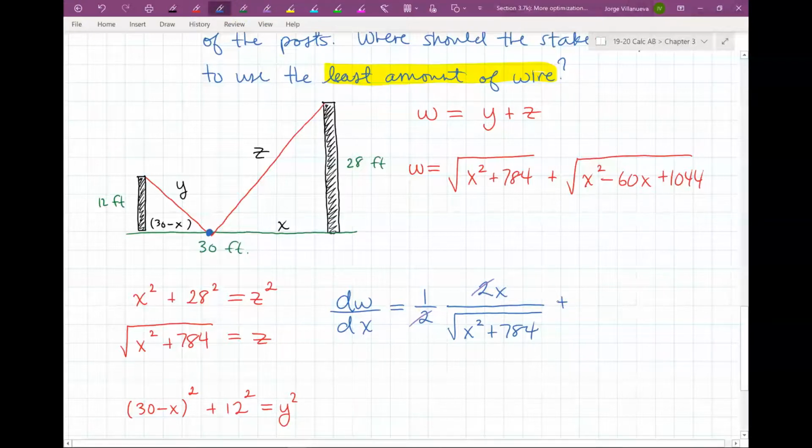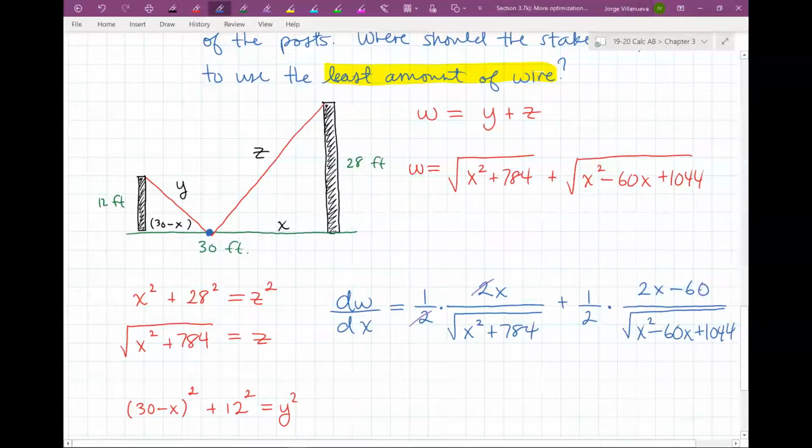Plus, now the next part, x squared minus 60x plus 1044 to the half power. If I take a derivative, it's going to be a half times x squared minus 60x plus 1044 to the negative half. So bring this down. And now the derivative of the inside would be 2x minus 60.